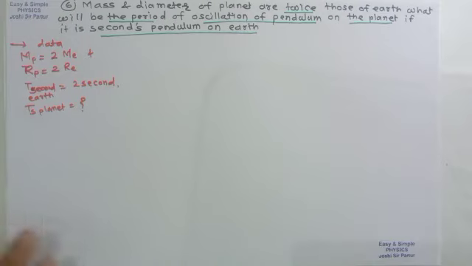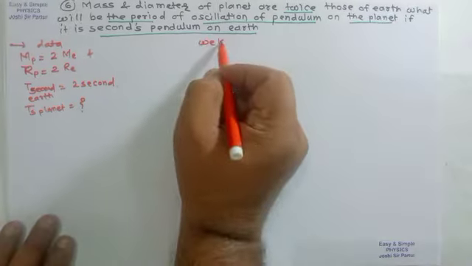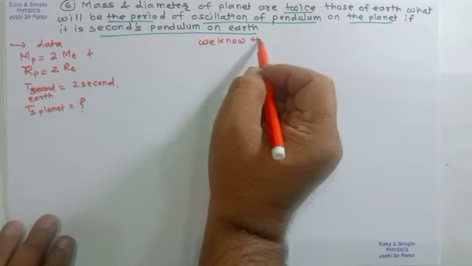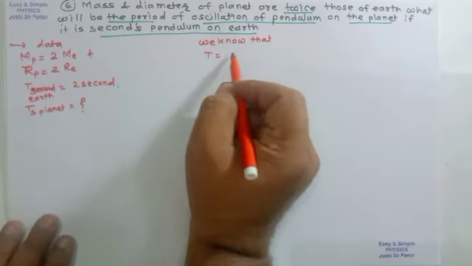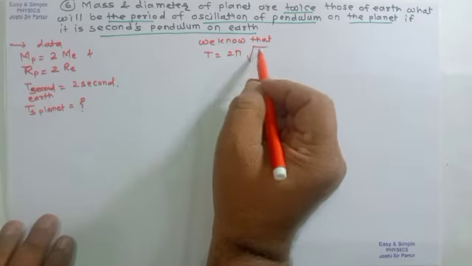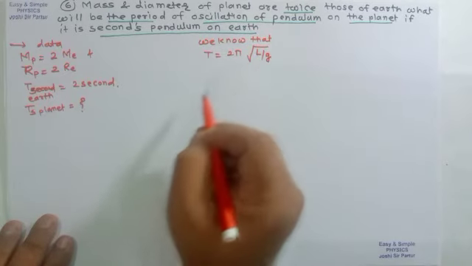So first of all, we know that time period T equal to 2 pi square root of L upon g.